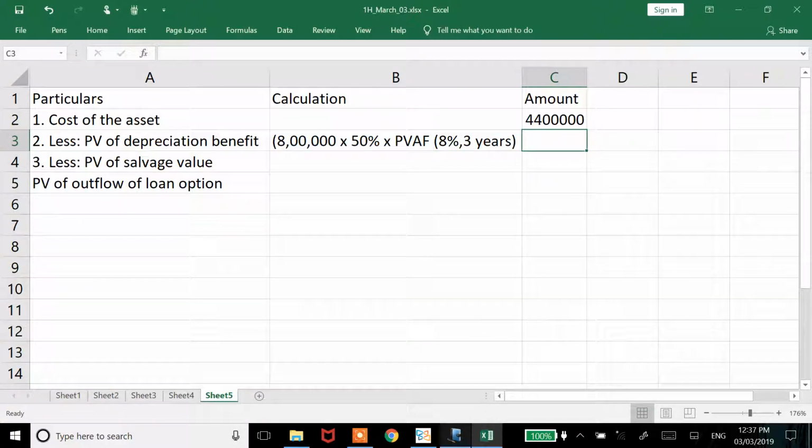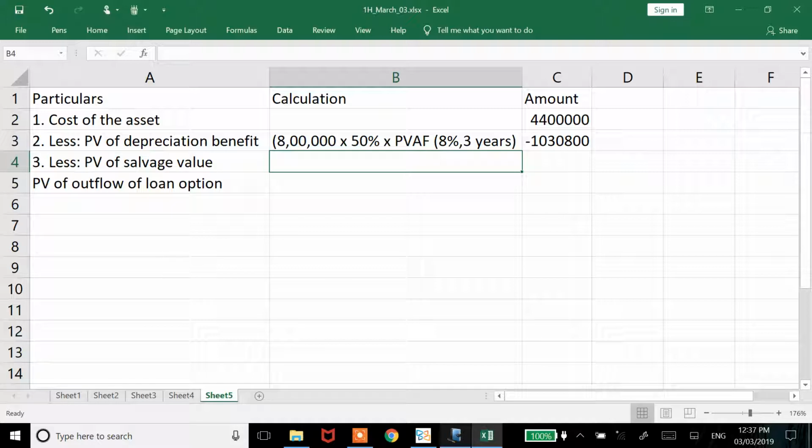So 8 lakh into 50% into PVAF 8%, 3 years. SLM makes it easier. WDV means you will have to do a separate working note.